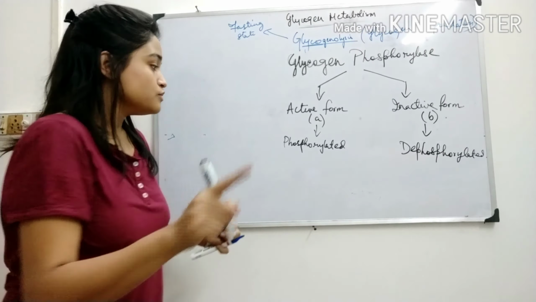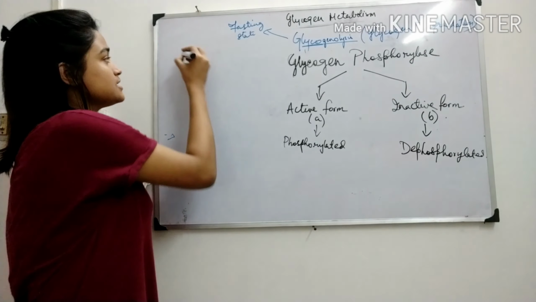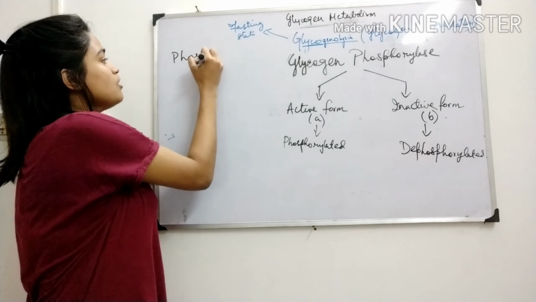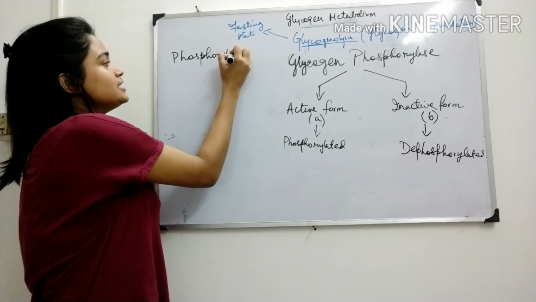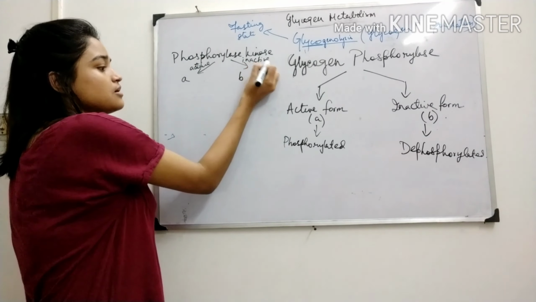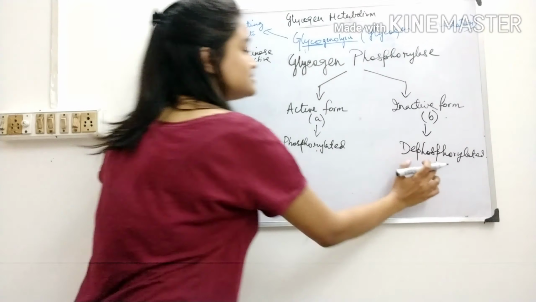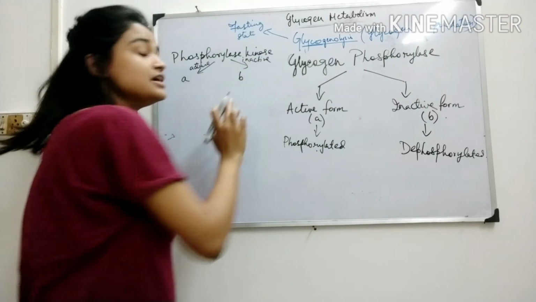So this activation is done by another set of enzyme, that is phosphorylase kinase. This also has the same thing: active A form, and inactive B form. Active is phosphorylated, inactive is dephosphorylated. So this helps in the phosphorylation process.